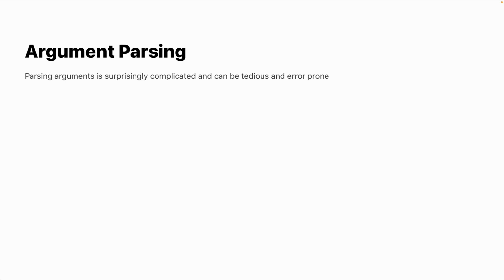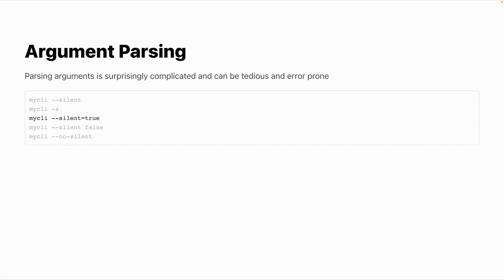So parsing arguments is surprisingly complicated and can be tedious and error-prone. Let's take a look at an example. So here we're calling a CLI called myCLI, and we're passing it a --silent flag. In this next example, we're just passing a -s flag, which is a short version of the silent option.